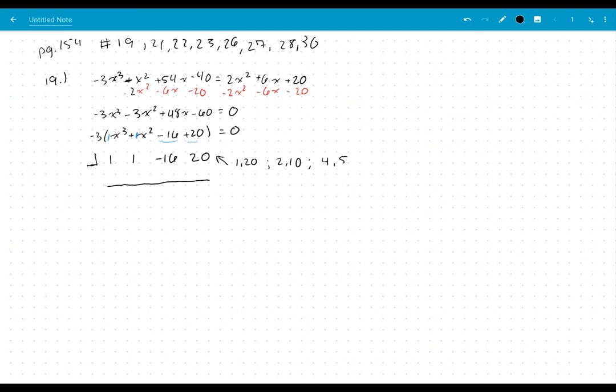So let's think if we plugged in 5 here, we'd have 1, then 5, then 6, then 11, then negative 5, then negative 25. So that's not going to work.